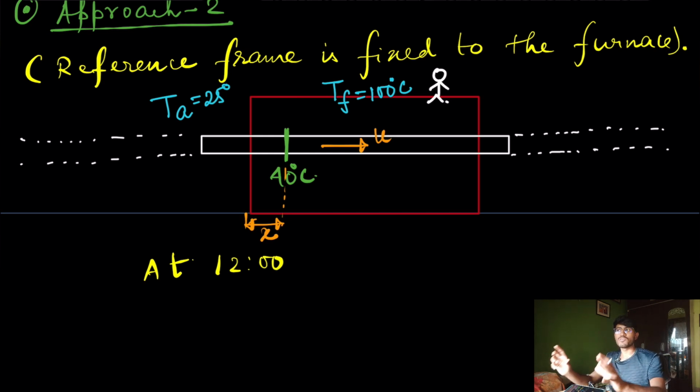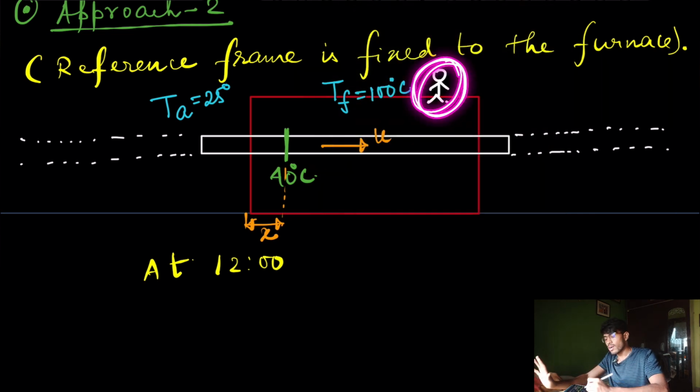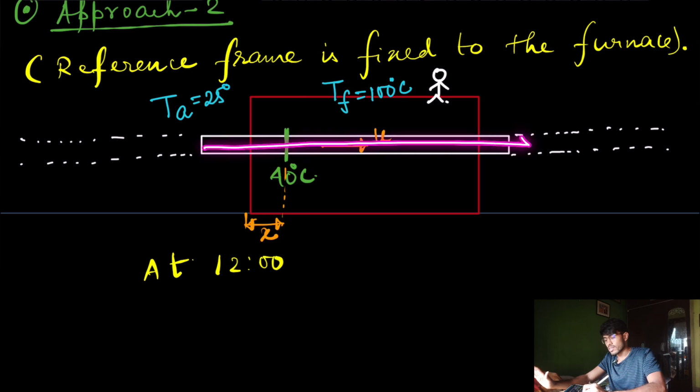Are you getting me that you are seeing the whole sheet throughout the furnace at any time interval because the sheet is infinite? Okay, a continuous metal sheet is passing through the furnace. That means if you are sitting here, then you are just seeing that there is a continuous thing that is flowing.